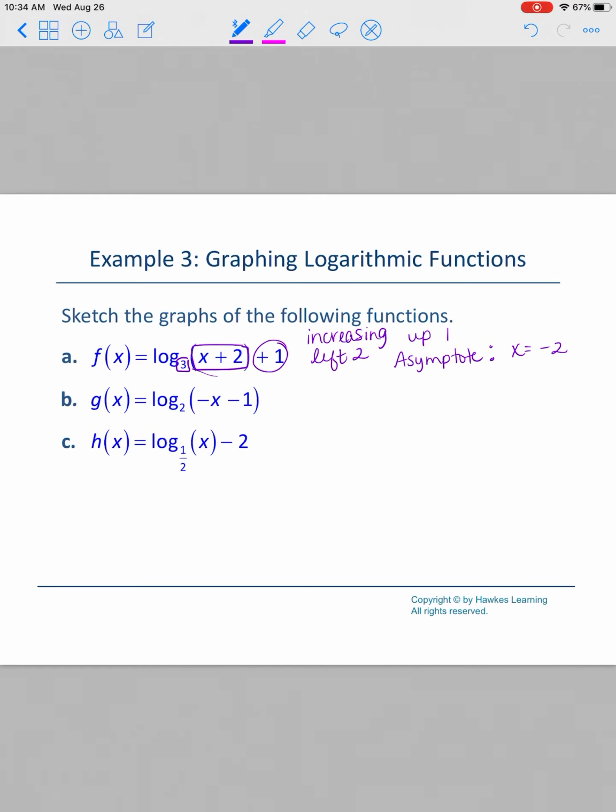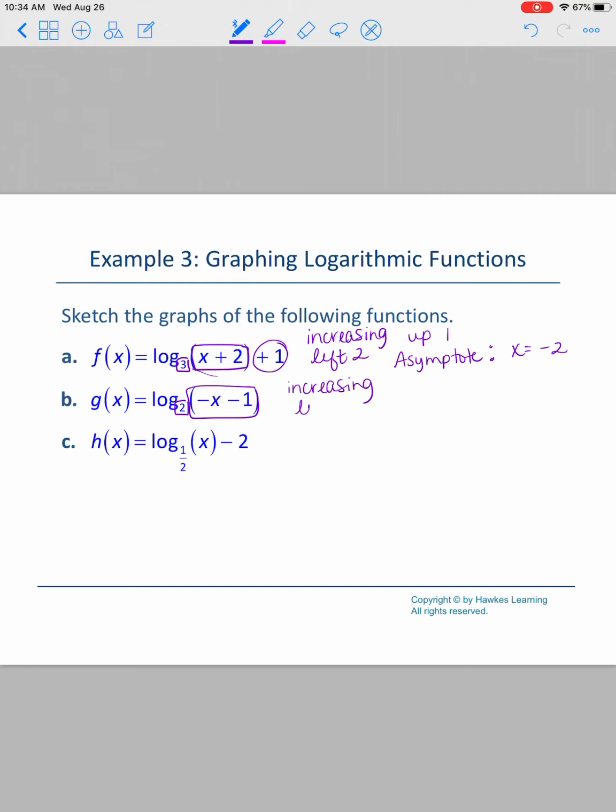Okay, let's look at B. Log base 2 of negative x minus 1. Okay, so what has been done to this thing? First thing, my base of 2, is it increasing or is it decreasing? Since it's bigger than 1, it is increasing. Inside of here, this minus 1, again, that's my horizontal shift.